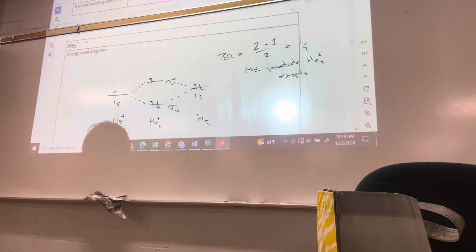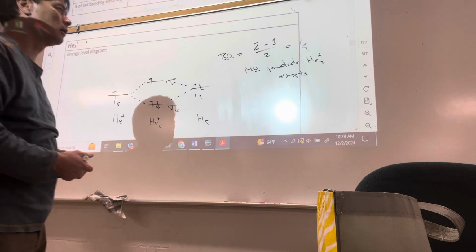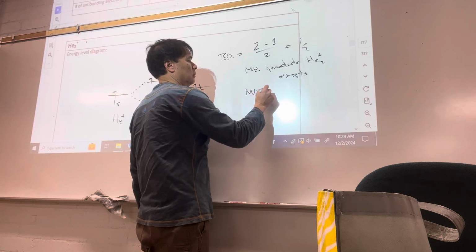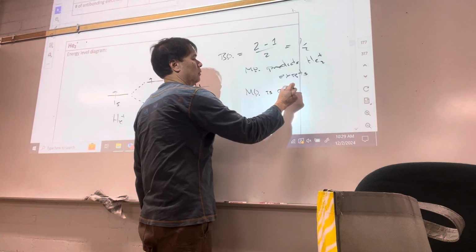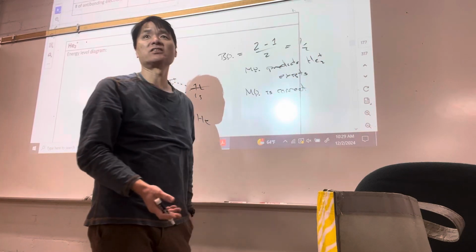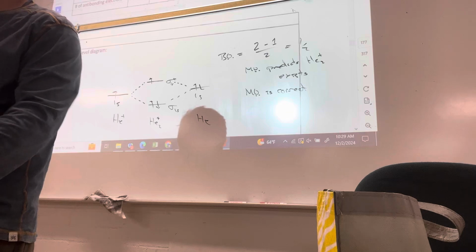So, which is it? Does it exist or does it not exist? And MO is correct. He2 with a positive charge does exist. So that means valence bond is wrong.